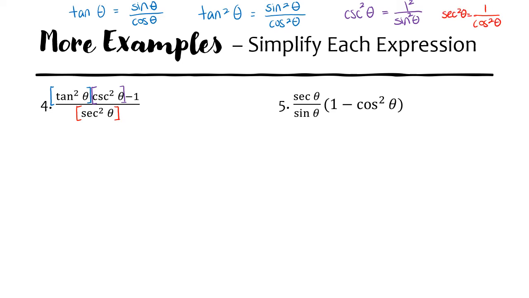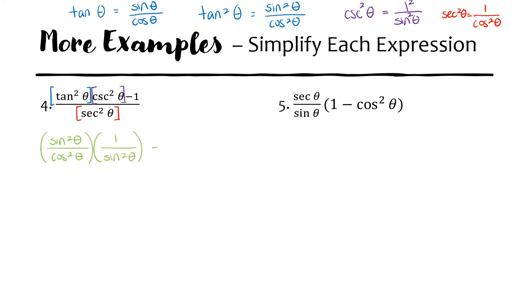Okay, so let's put that all together as one expression here. So we're going to have, like I said, sine squared all over cosine squared times, maybe I'll put all of this in parentheses for now, times, what did we say cosecant squared is? 1 over sine squared.